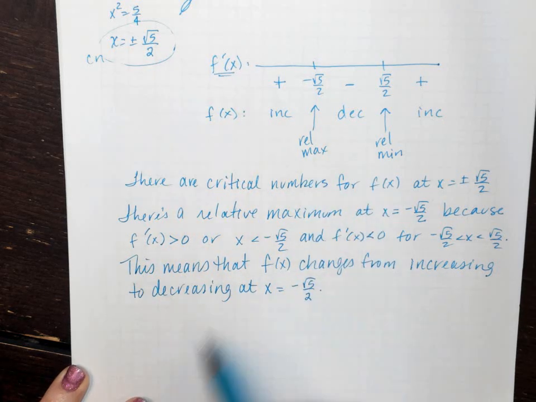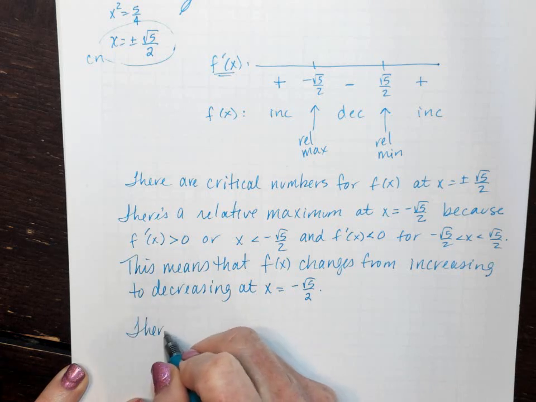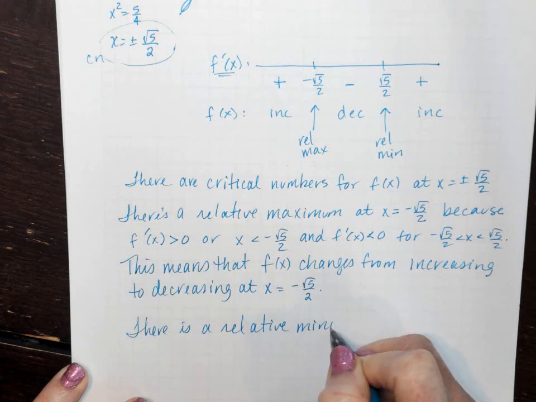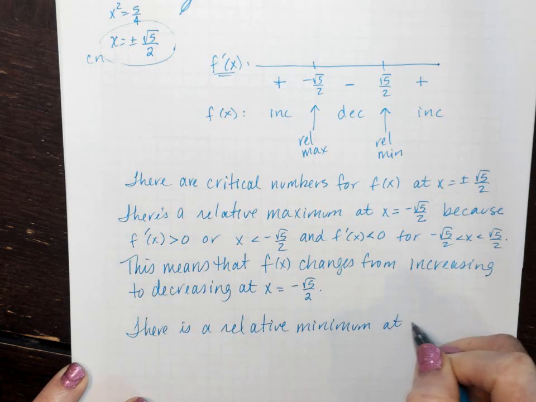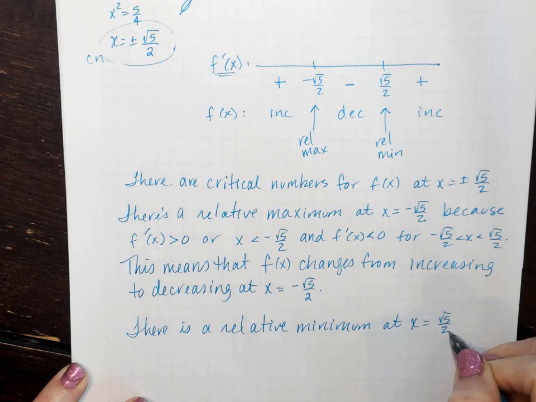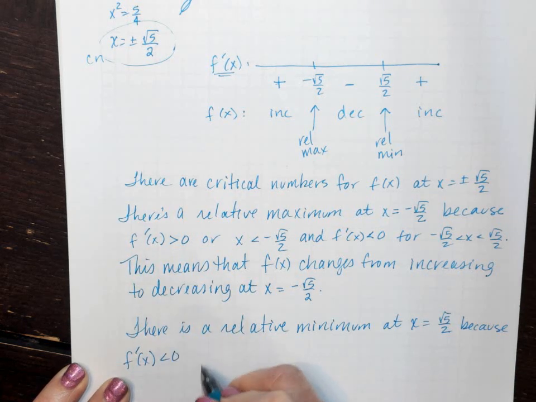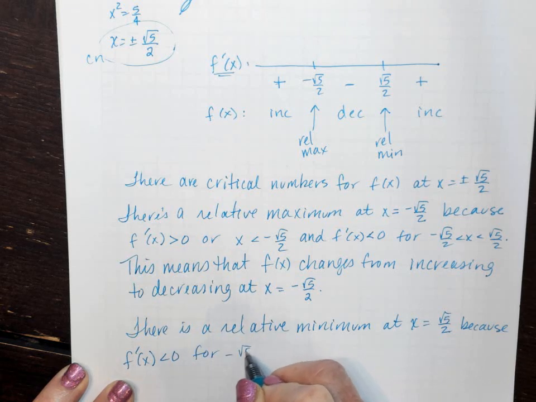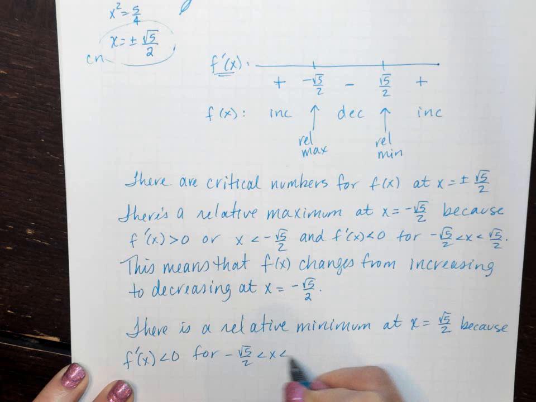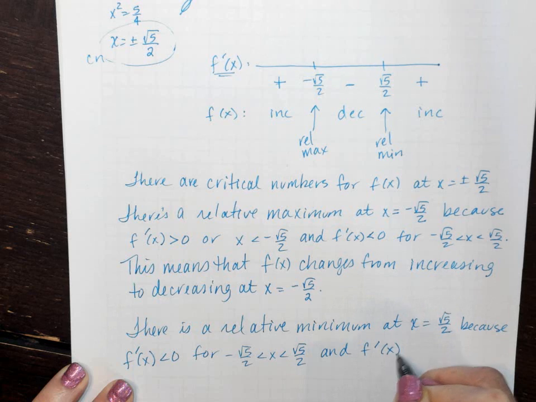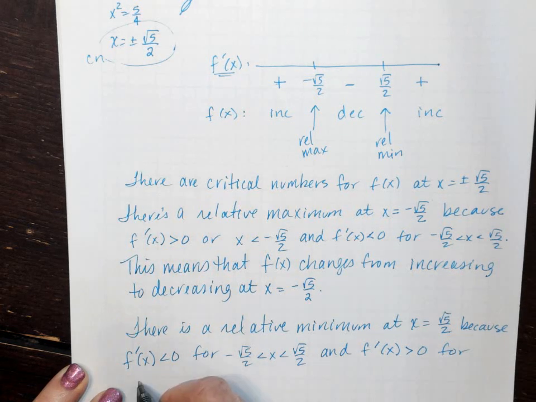Now we're just going to write the words for the relative minimum. There is a relative minimum at x equals positive square root 5 over 2 because f prime of x is less than 0 for negative square root 5 over 2 less than x less than square root 5 over 2, and f prime of x is greater than 0 for x greater than square root 5 over 2.